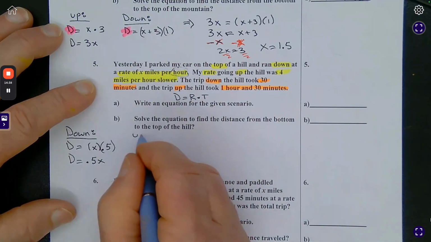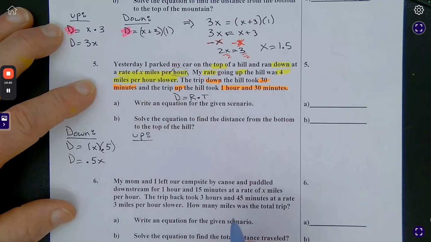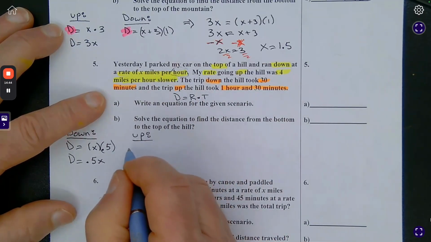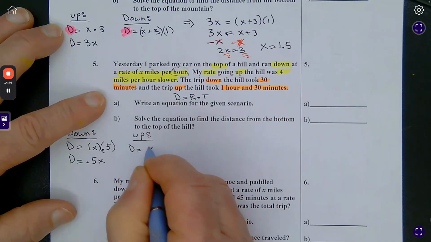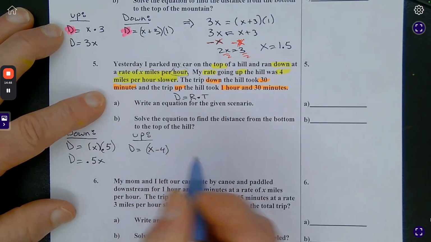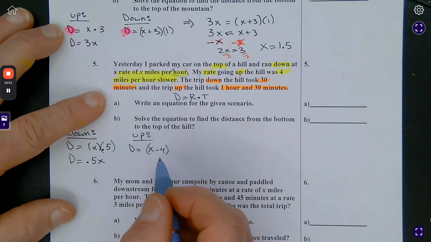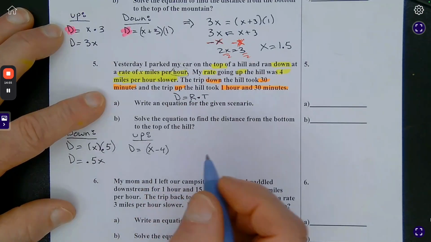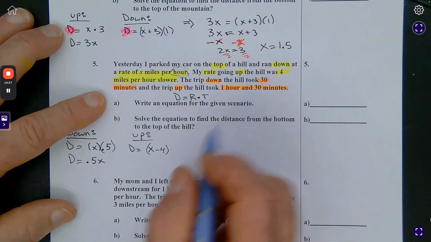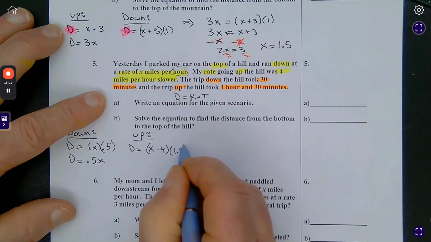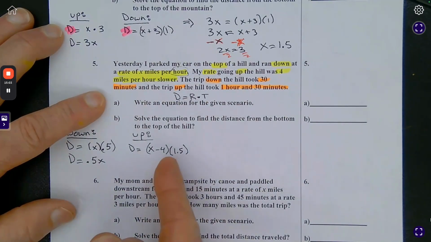Okay, now we're going to go uphill, like so. Uphill, I'm 4 miles an hour slower. So my rate uphill is x minus 4. I'm going slower. My rate decreased by 4 miles per hour, and it took me an hour and 30 minutes. An hour and 30 minutes in hours is 1.5 hours. That's that.